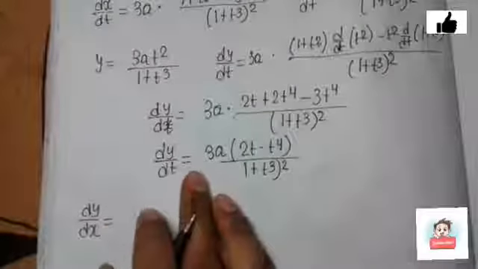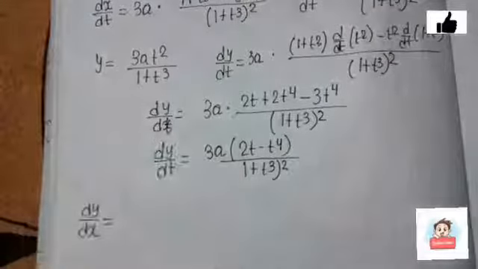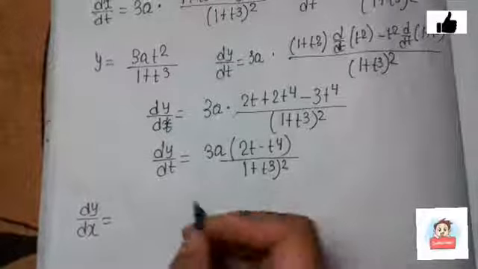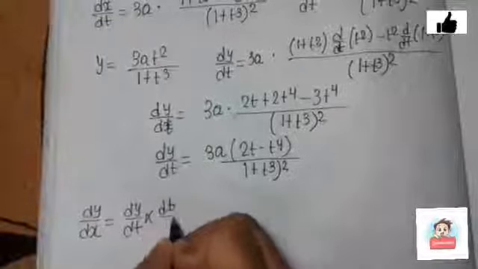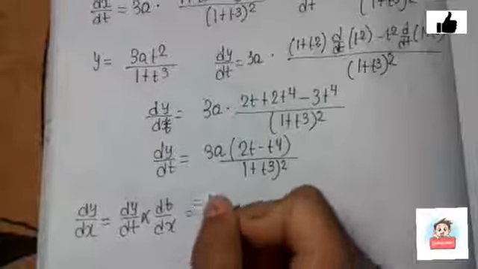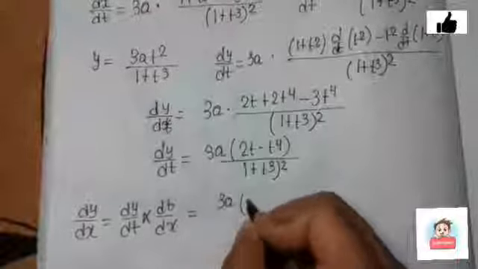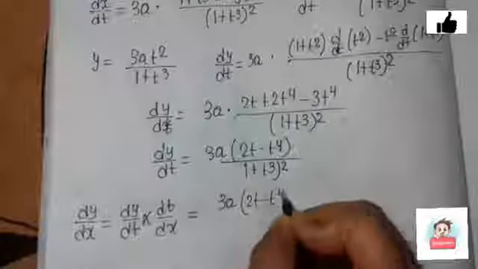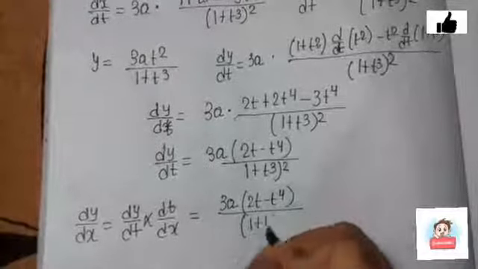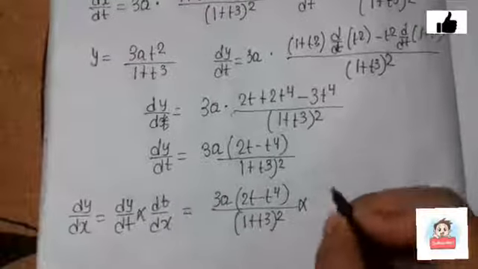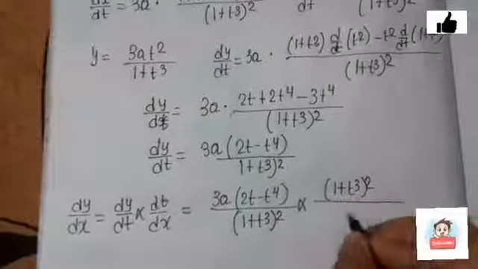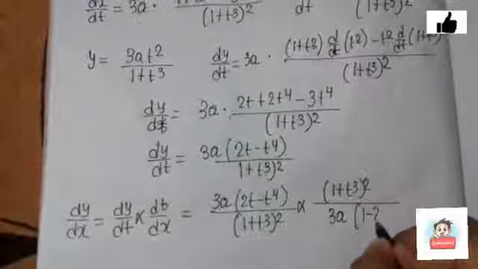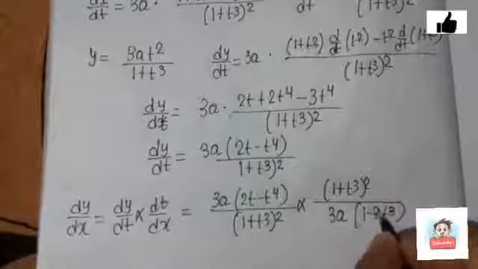So we don't have a problem with dy by dt, but with dx by dt we need to bring that in the denominator. So dy by dt into dt by dx equals 3a, 2t minus t to the power 4, 1 plus t cubed whole square, into 1 plus t cubed whole square by 3a into 1 minus 2t cubed.